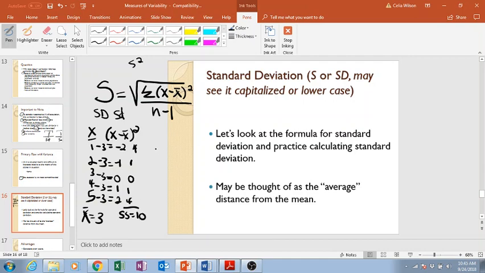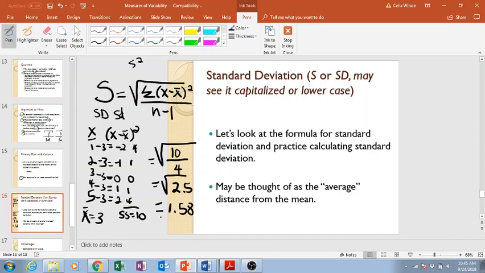All right, so using our formula, the square root of 10 divided by n minus 1. I have 5 minus 1, which is 4. So the square root of 10 over 4, which is 2.5. The square root of 2.5 is 1.58.